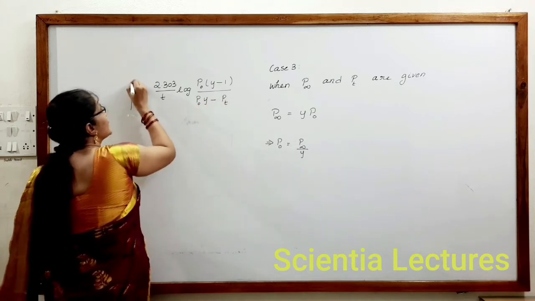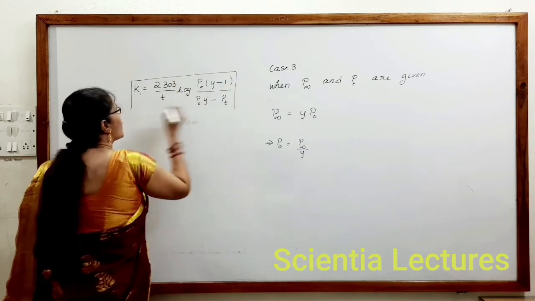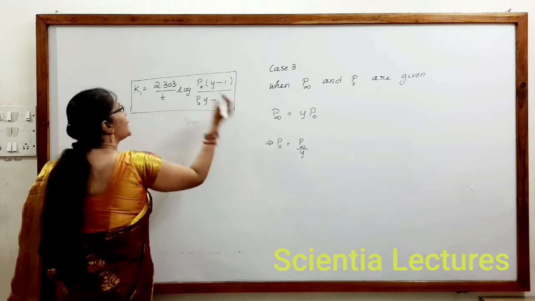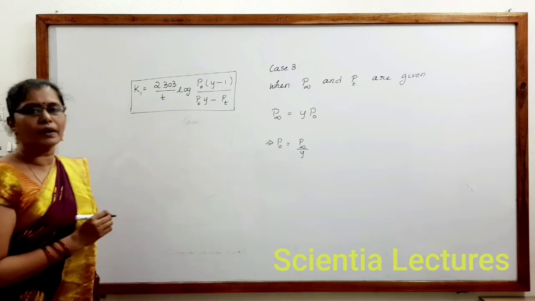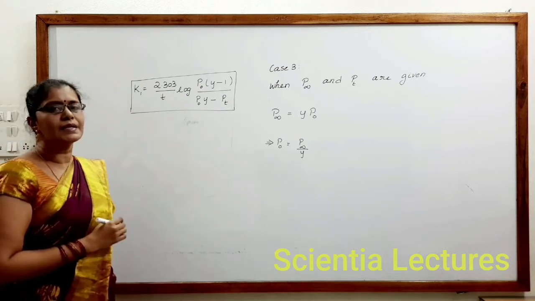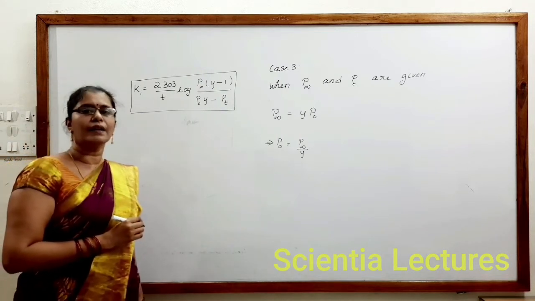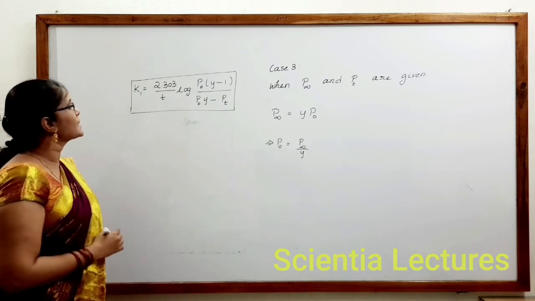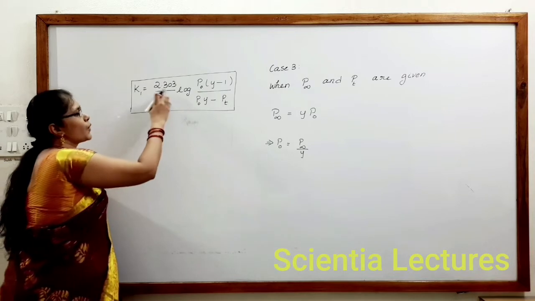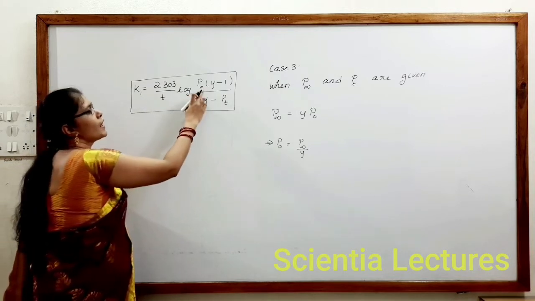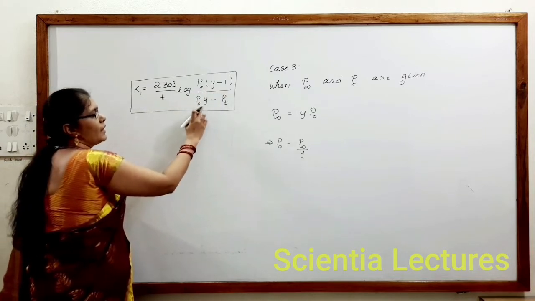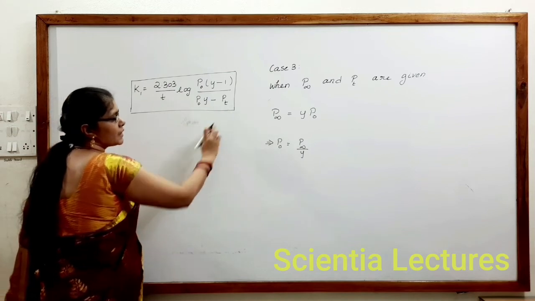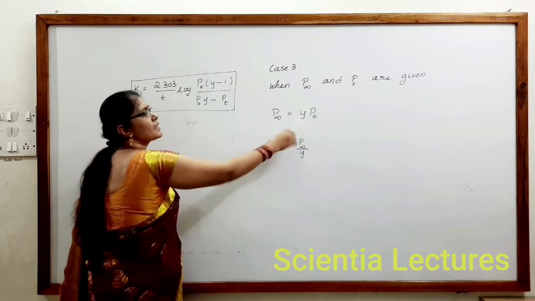This is the K1 rate constant when P naught and Pt are given, in the second case we discussed in module 4. Now let us check here K1 equal to 2.303 by T log of P naught into Y minus 1 by P naught Y minus Pt. Of course, here P naught is not given.